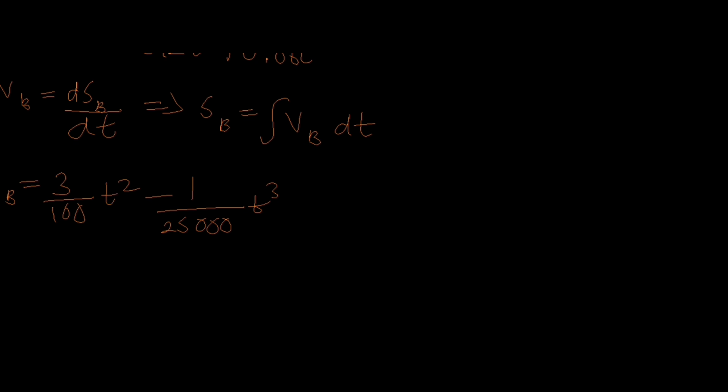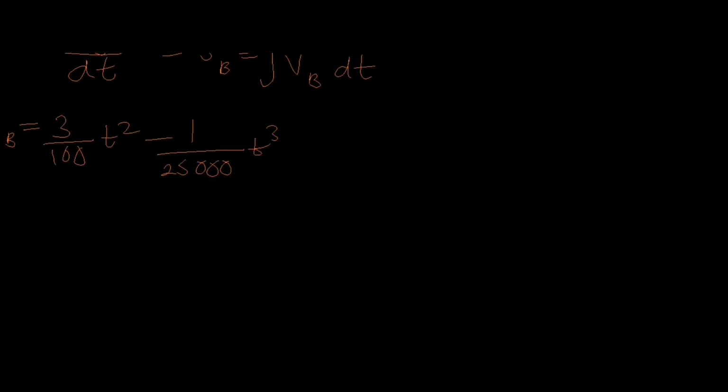Now I want to find out what the displacement is when the time is equal to 250 seconds. So I'm going to plug this in: 3 over 100 times 250 squared, minus 1 over 25,000 multiplied by 250 cubed.